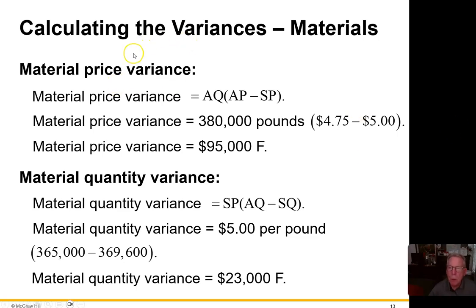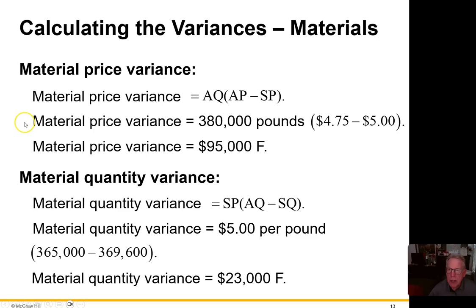So now we're going to compute our material cost variance, which we had in our previous Chapter 9 calculations. And here, the material price variance shown in equation form is the actual quantity times the actual price minus the standard price.